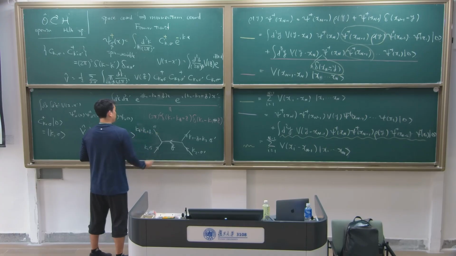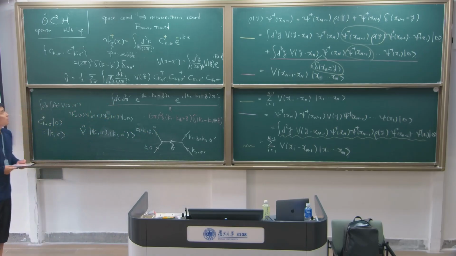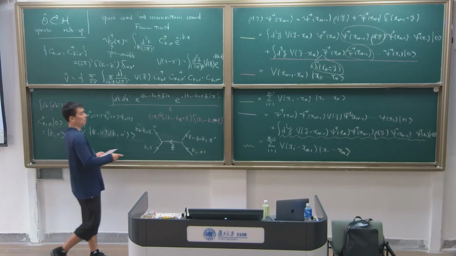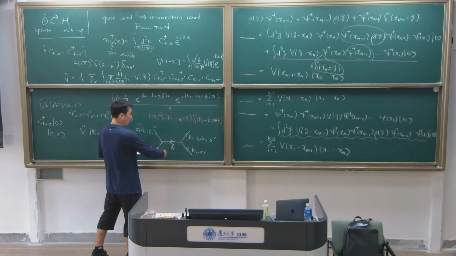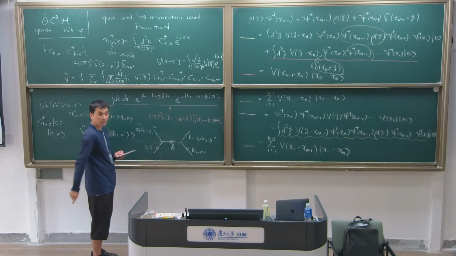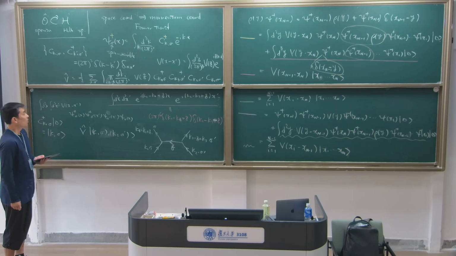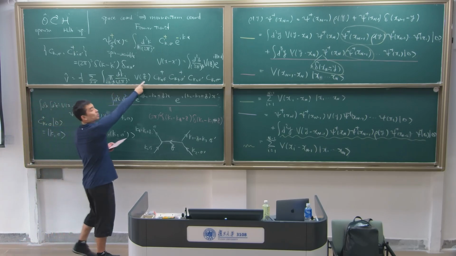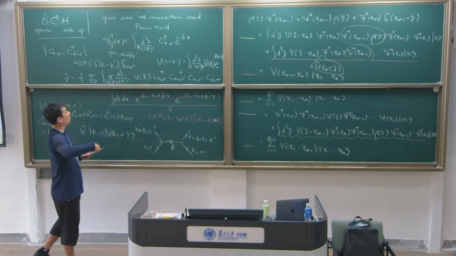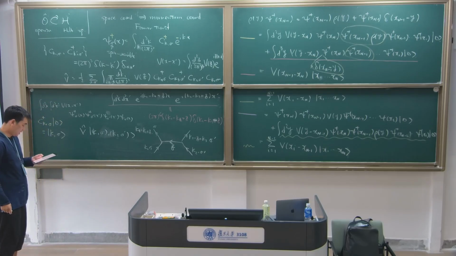So this interaction term in momentum space is the interaction between particle 1 and particle 2, exchanging a particle with momentum q with amplitude V of q, and then you just need the integral over V of q.